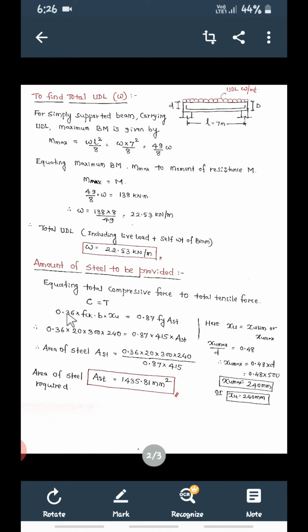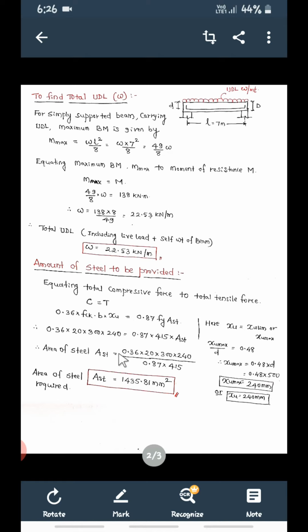So 0.36 FCK B, that is 300 into XU, which is 240 mm, is equal to 0.87 Fy, that is 415 into AST. We have to find out this AST, so keep it as it is. Therefore AST is equal to this term divided by 0.87 Fy.